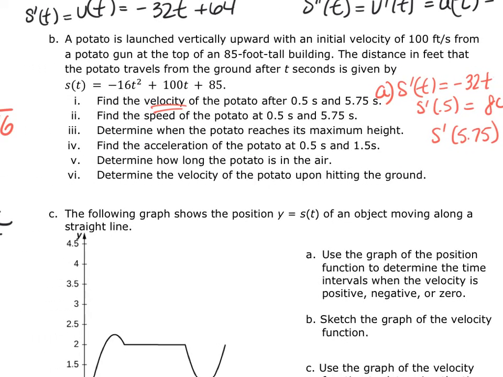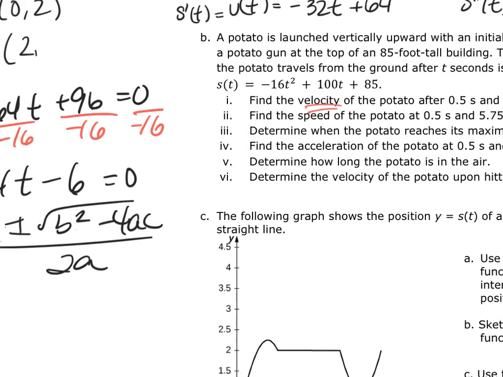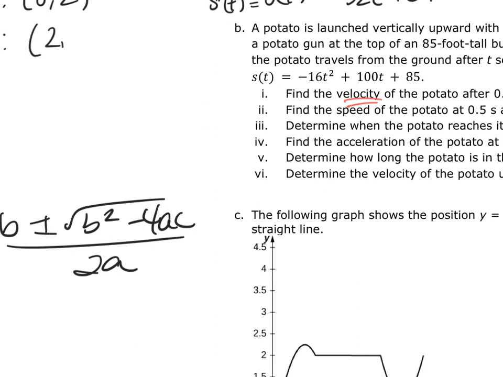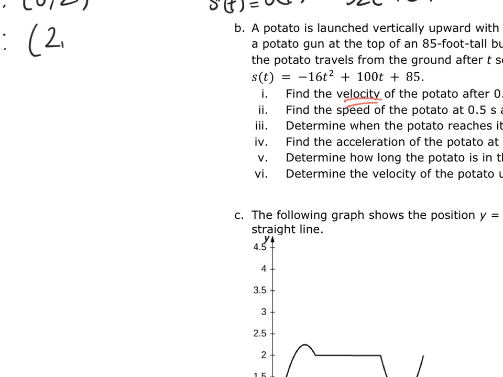We want to know when the potato reaches its maximum height. How do we find that? We set our derivative equal to 0, so to do the next one, we're just going to set this thing equal to 0 and solve. So I'm going to do negative 32t plus 100 is equal to 0, and I solve. What is t equal to?